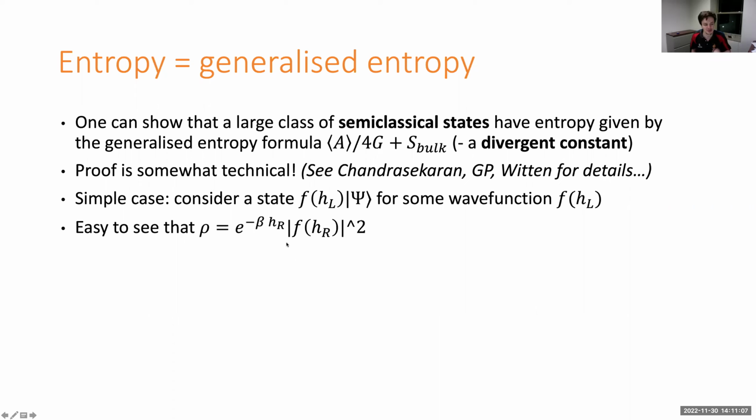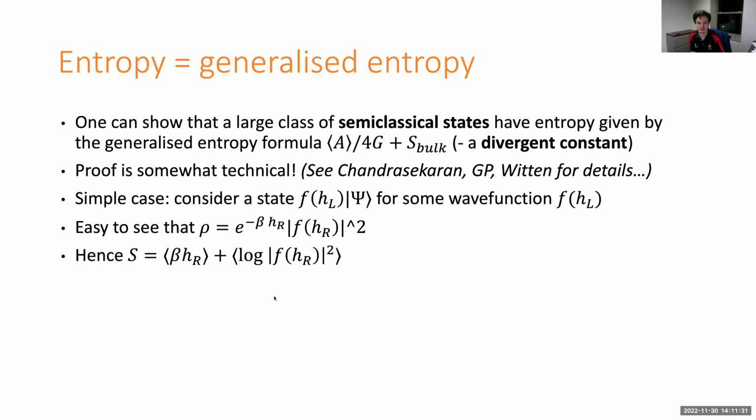Okay, it's an exercise, but a very simple exercise, to show that that's the right density matrix. And if we then just take the expectation of minus log of this thing, which gives us the entropy, we see that it's just very simply the expectation of beta HR plus the expectation of log of the modulus of f of HR squared.